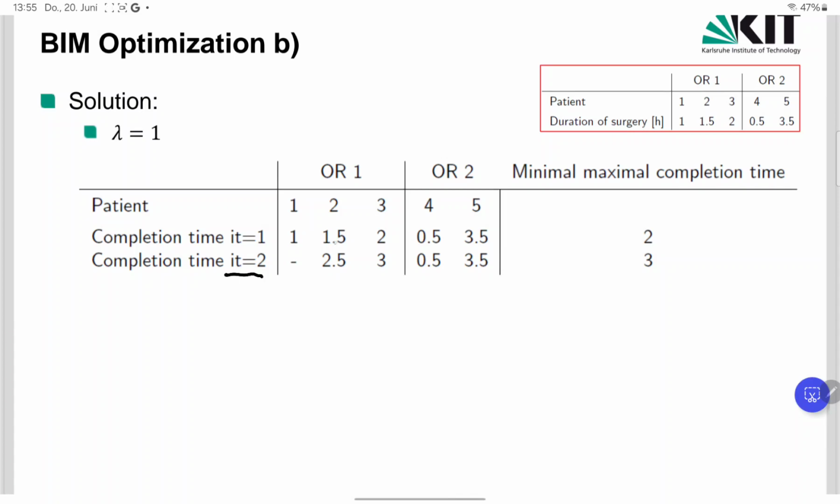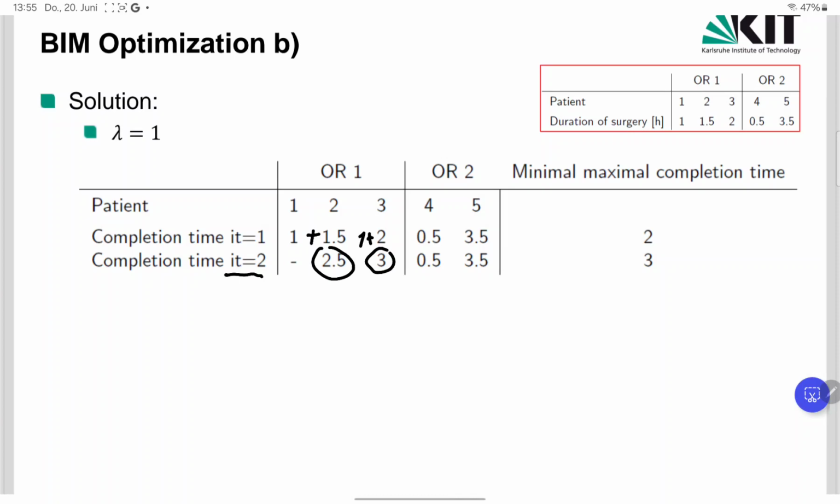Here the second patient, the completion time is 1.5 plus 1, and we end up with 2.5 hours, and the same 1 plus 2 hours, and we end up with a completion time of 3. For operating room 2, nothing has changed.